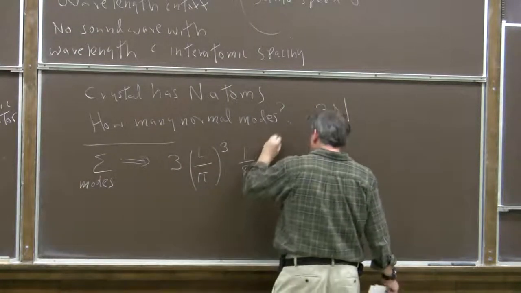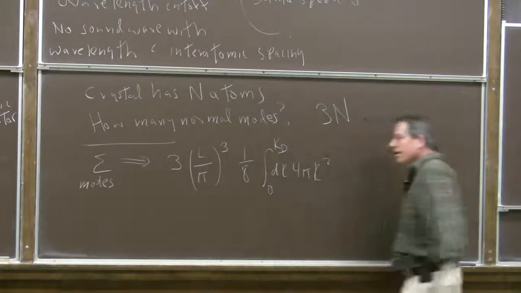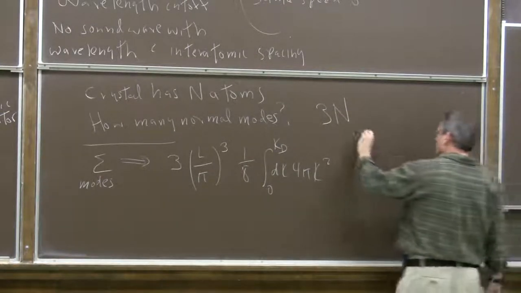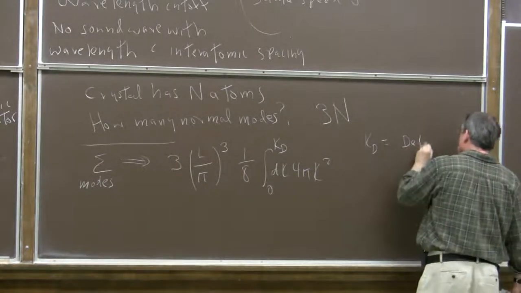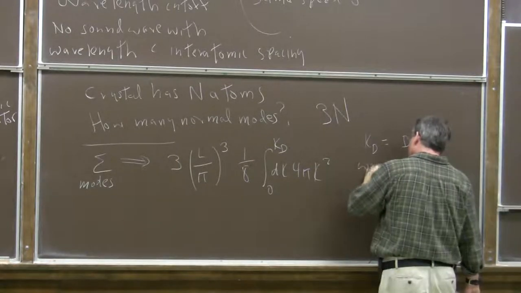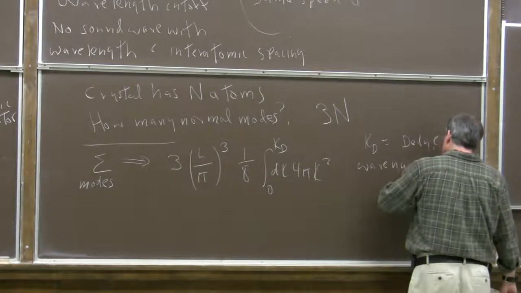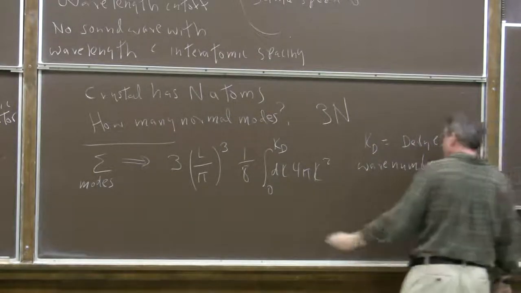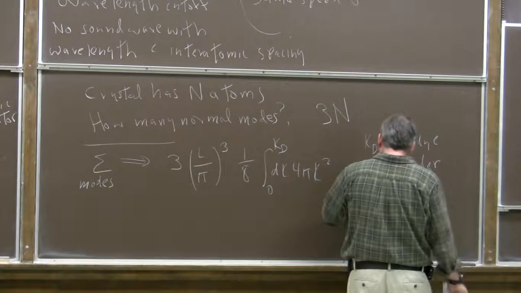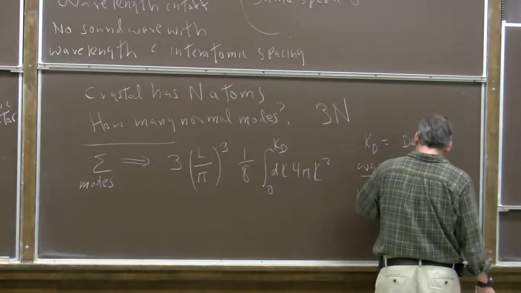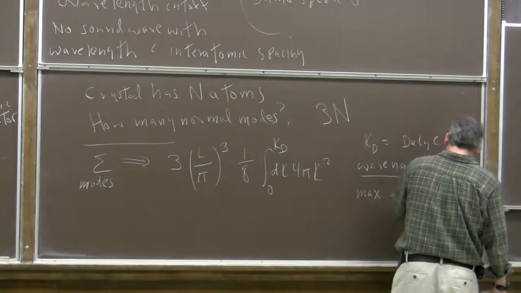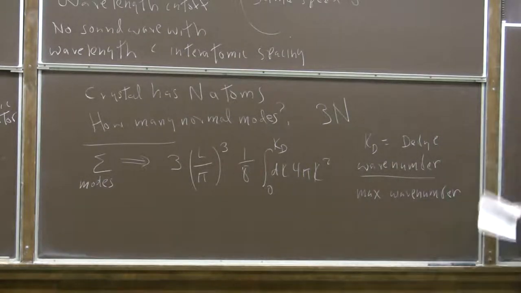Except I'm going to integrate up to some maximum value of k. So I'm going to call it k sub D, which is for Debye. It's the maximum wave number of the sound waves. Well, the corresponding wavelength is essentially the interatomic spacing.